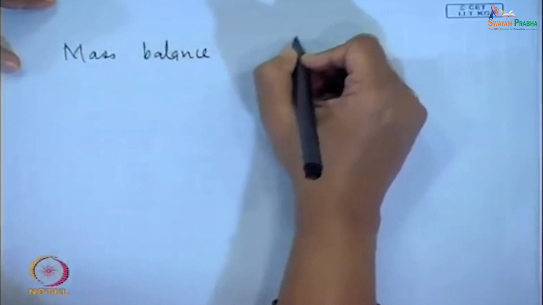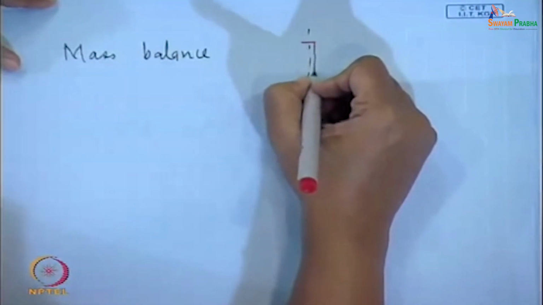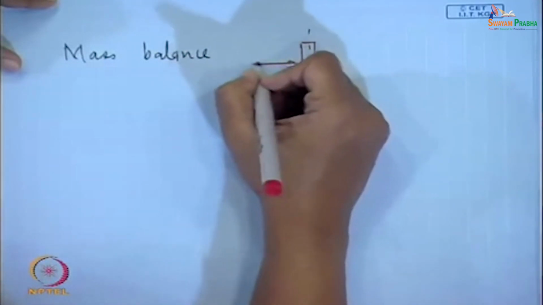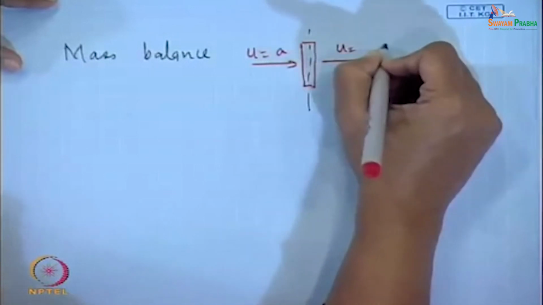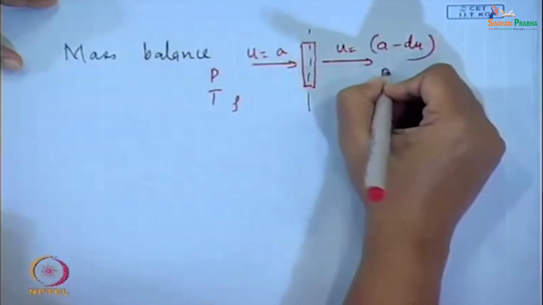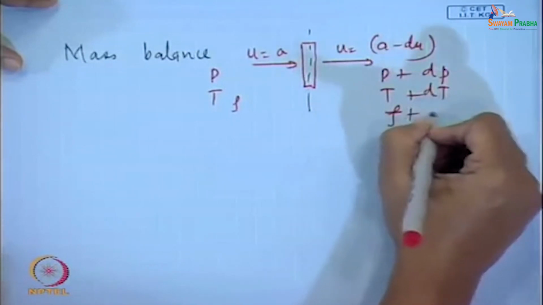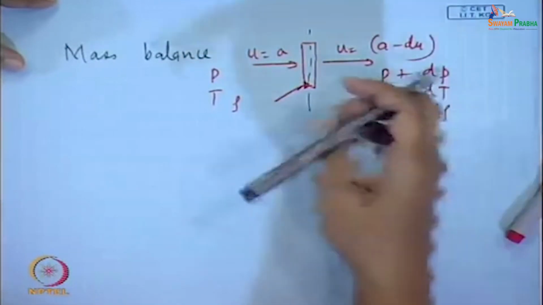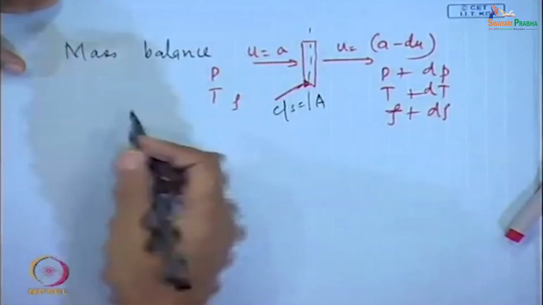Now, for mass balance, I will draw it once more so that it is easier for you. Fluid is entering at u equals to A, fluid is going out at u equals to A minus du. Here it was P, T, rho, here it was P plus dP, T plus dt, rho plus d rho, and of course, I have already told you that the cross sectional area is equal to A. Now, from mass balance, what do we get?